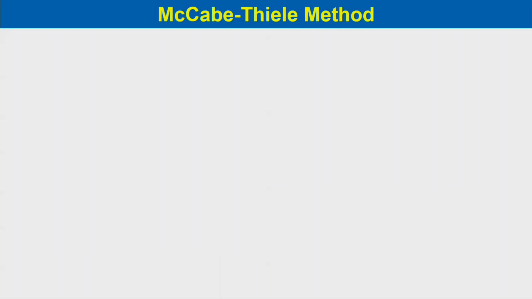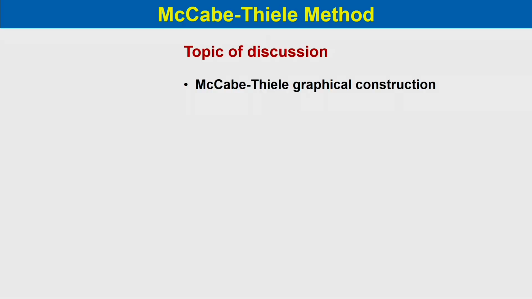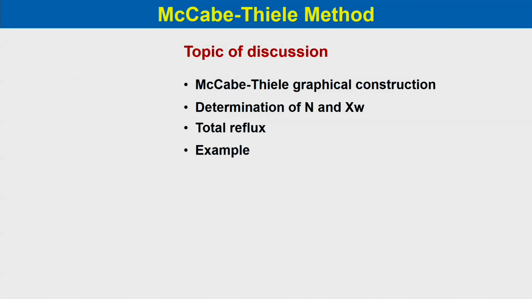In this lecture, we will consider the graphical method of determination of the number of ideal trays by the McCabe-Thiele method. So, the topics which we will consider here are the McCabe-Thiele graphical construction, determination of the number of ideal trays, the mole fraction of the bottoms, that is xW, total reflux and an example.